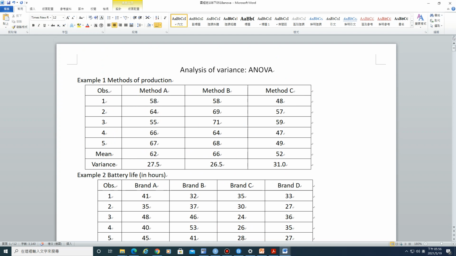Okay, there are basic requirements for this framework, the framework of the analysis of variance methodology. The first one is that we are comparing the population means from k different normal populations.